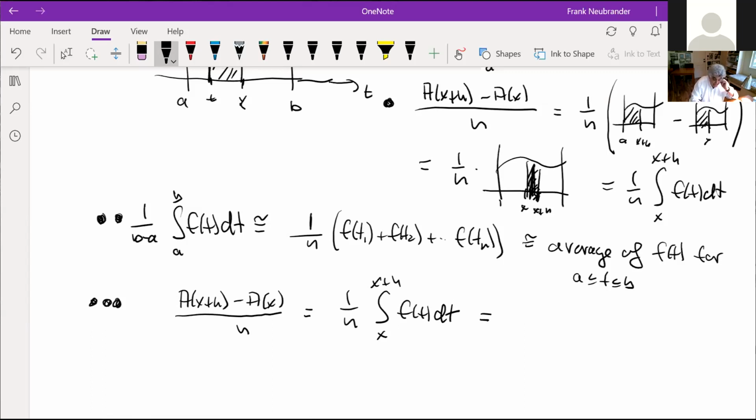But this is, by the second bullet point, nothing but the average of the numbers f of t for t between x and x plus h.